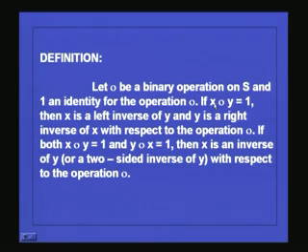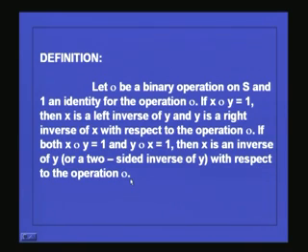So, if x dot y is equal to 1, the identity element, then x is called the left inverse of y, and y is called the right inverse of x with respect to the operation. If both x dot y is equal to 1 and y dot x is equal to 1, then x is an inverse of y. It is called a two-sided inverse of y with respect to the operation dot.